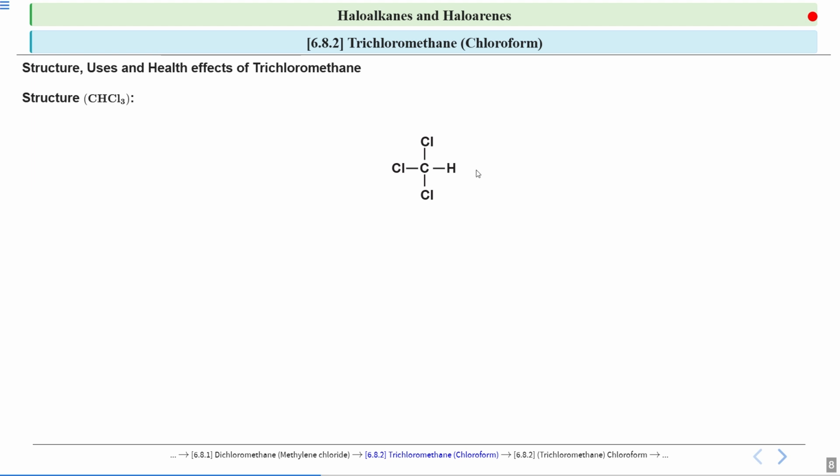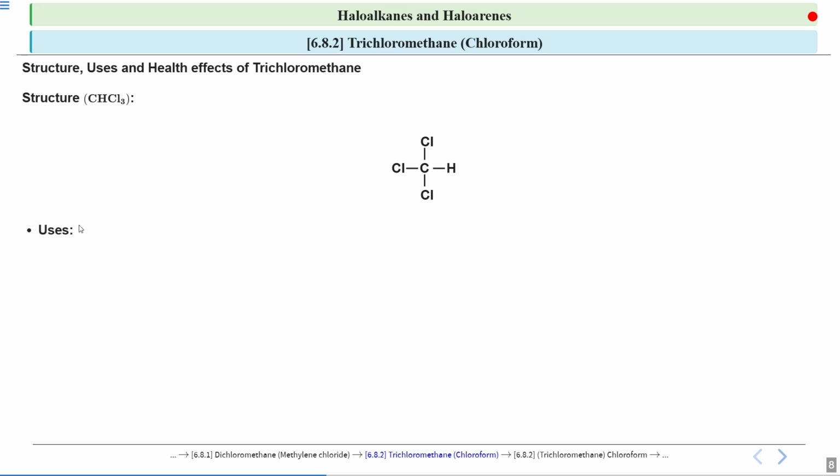So you can see the structure. We have a single carbon, and on this carbon we have one hydrogen, and the other three valencies are occupied by the three chlorine atoms. So the structure is CHCl3 for trichloromethane.